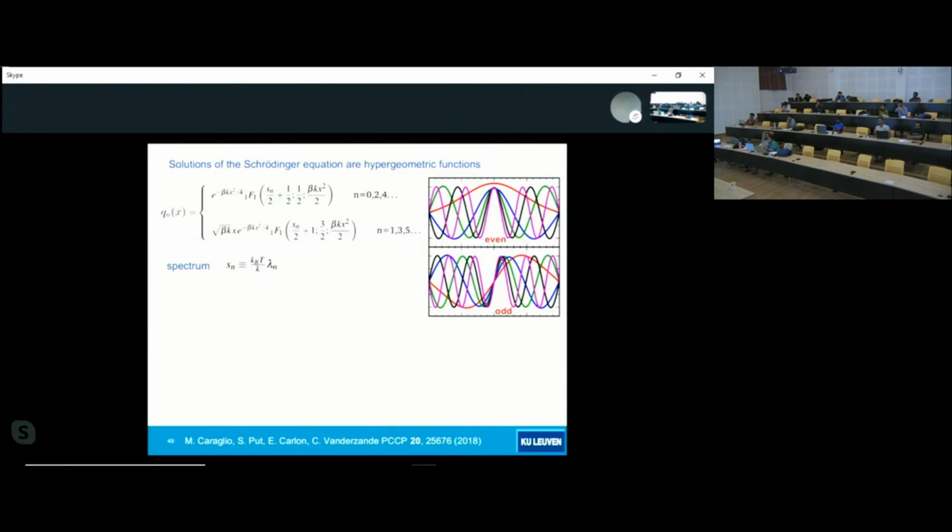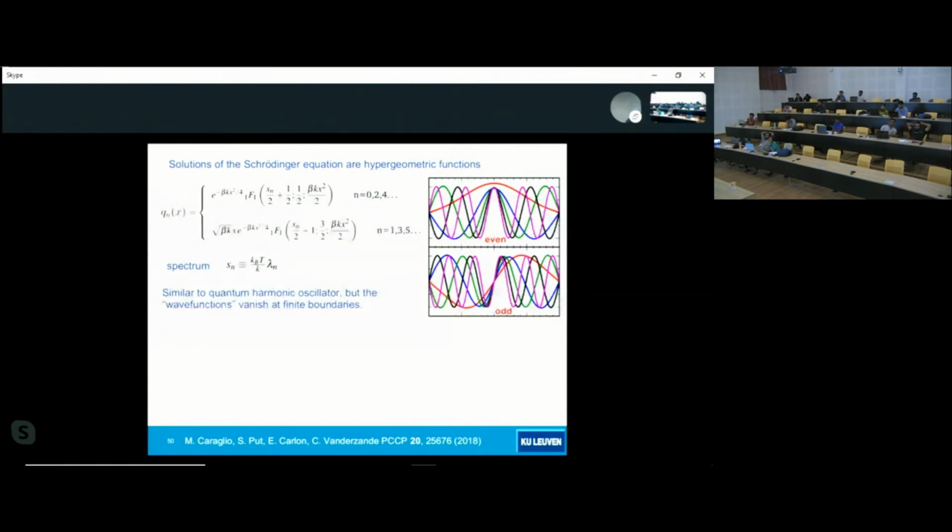Okay, so the spectrum is this S of n, that we have to tune such that we have the zeros at the right point, and we find the spectrum numerically. Similar to the quantum harmonic oscillator, but the wave function vanishes at finite boundaries, not at infinity. Normally, to find the spectrum of the harmonic oscillator in an infinite domain, you require that this F1 is a finite polynomial, then you get the Hermite polynomial, and this S of n is an integer.